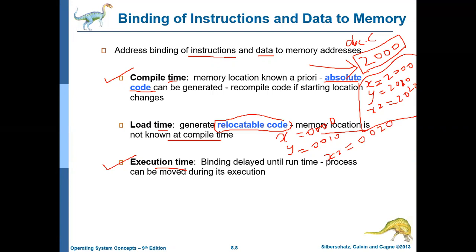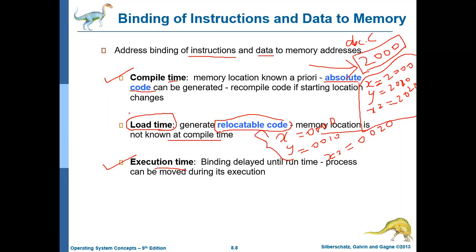This relocatable code will be converted to absolute code during load time. If during compilation you don't know the address where it should be loaded, it will create relocatable code, and this will be converted to absolute code during load time.